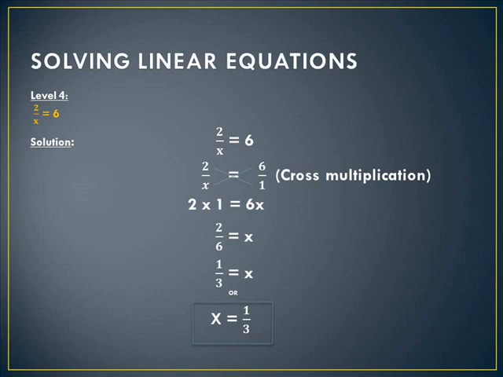Therefore, we can rewrite the equation as 2 over x is equal to 6 over 1. After cross multiplication, we have 2 into 1 is equal to 6x. As 6 is being multiplied by x, when moved to the other side, it will be divided over there. 2 by 6 is 1 over 3, so the final value of x is 1 over 3.